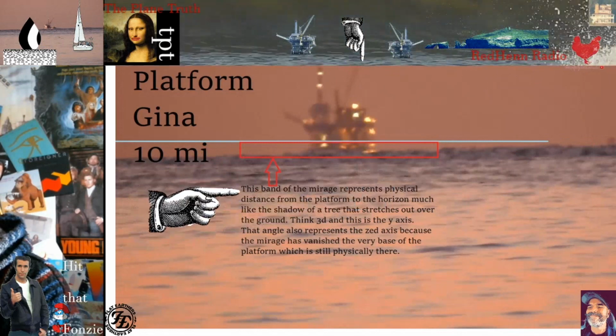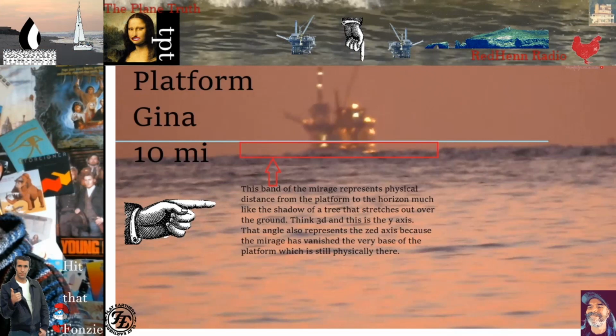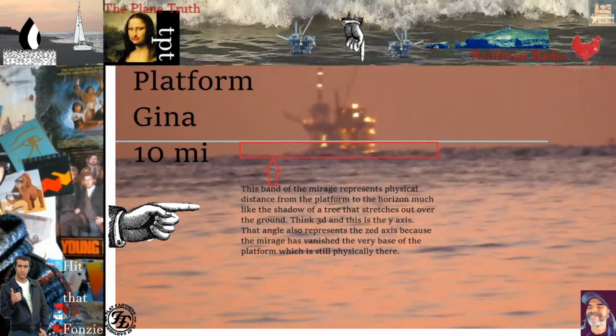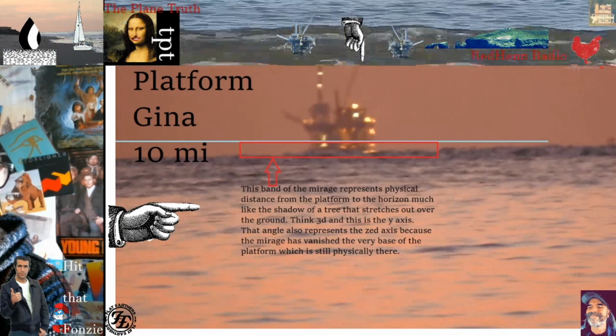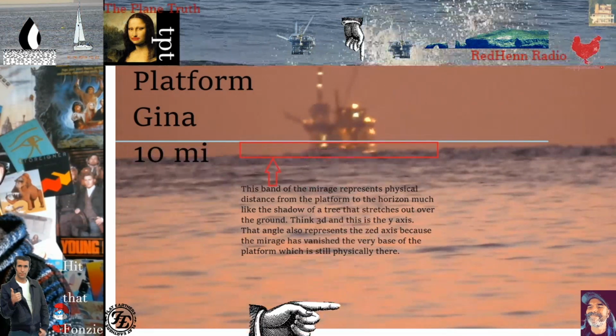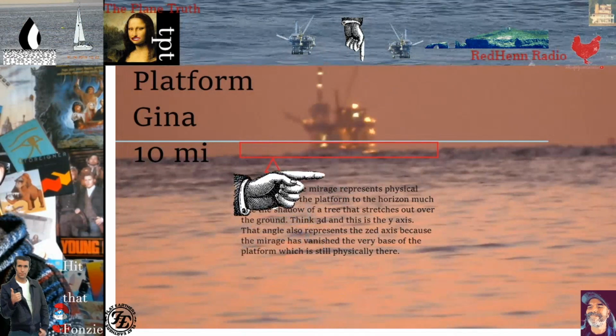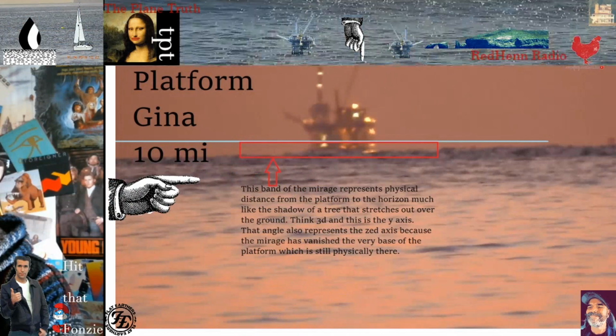This band of mirage represents physical distance from the platform to the horizon, much like the shadow of a tree that stretches out over the ground. You've got to think 3D. You've got the y-axis across, you've got the x-axis going into the distance.